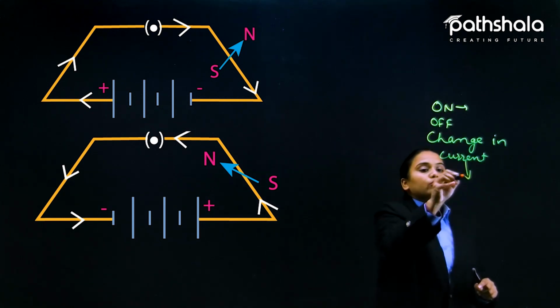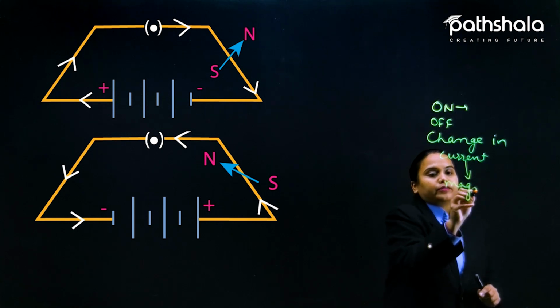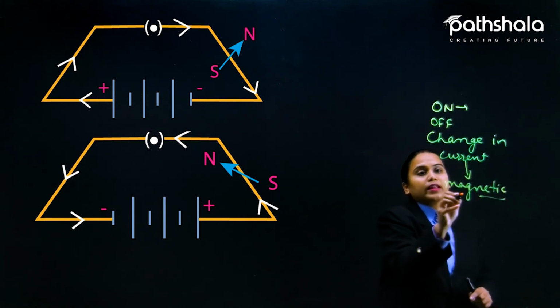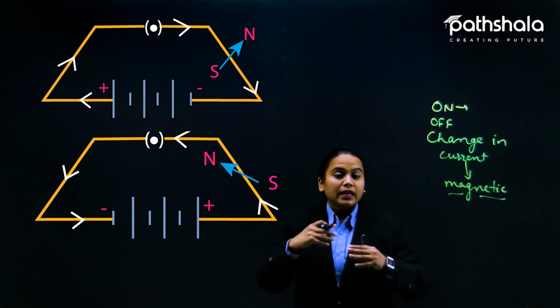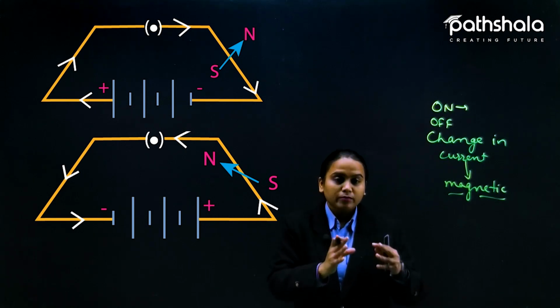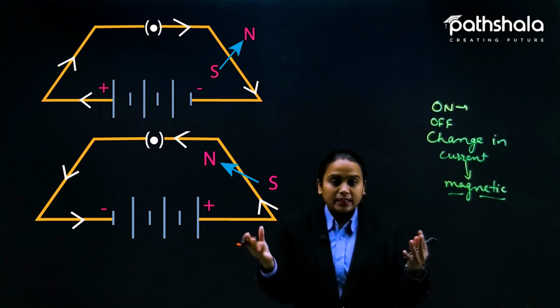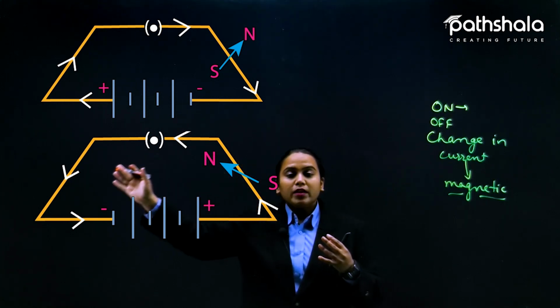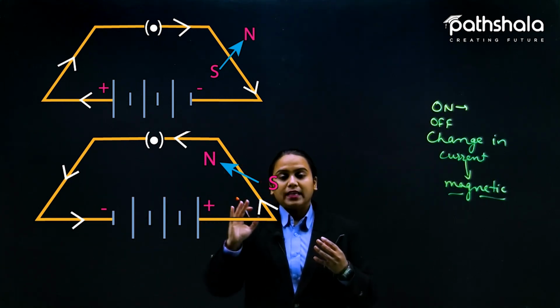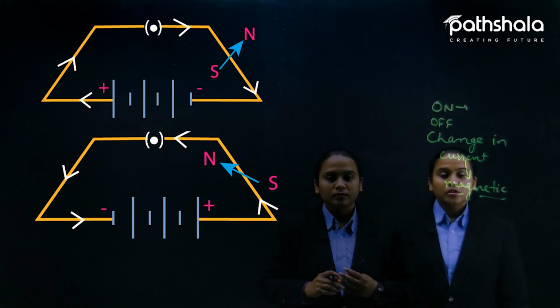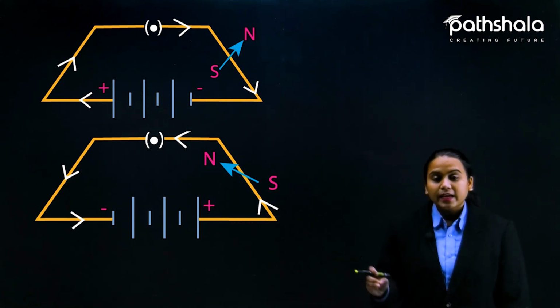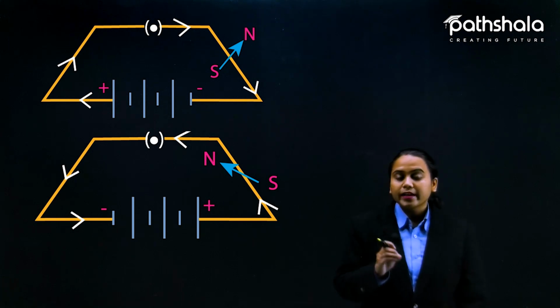So that is producing a magnetic effect here. Okay, so that means when the current changes, the magnetic property somehow increases, and it is because of the electricity flowing inside the circuit. So this shows us that electricity produces magnetic effects.